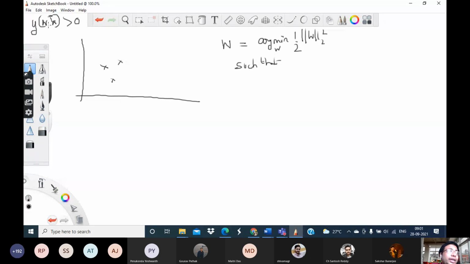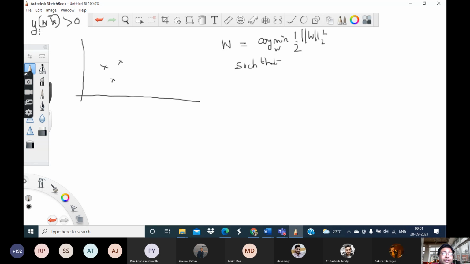It means both y is positive and W transpose X is positive, or both of these are negative. That is, y is negative and W transpose X is also negative. That means the predicted value of y and the true value of y agree if this is positive.